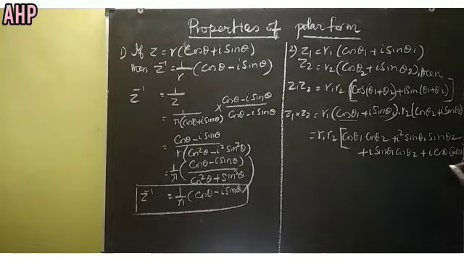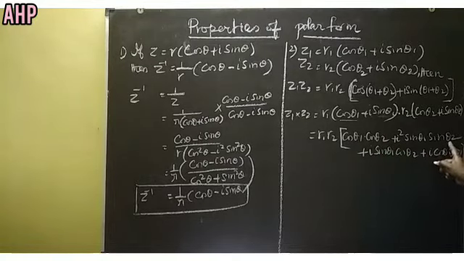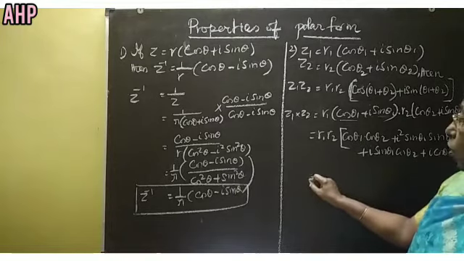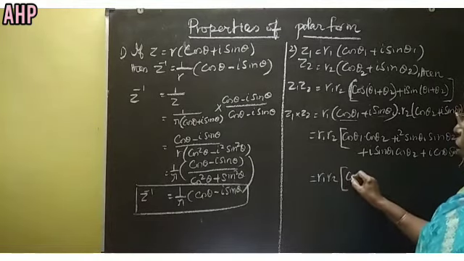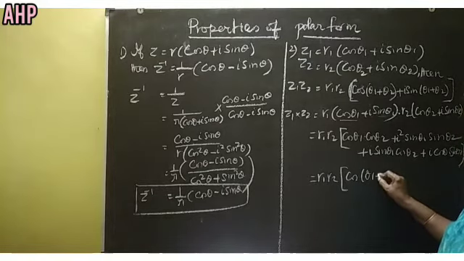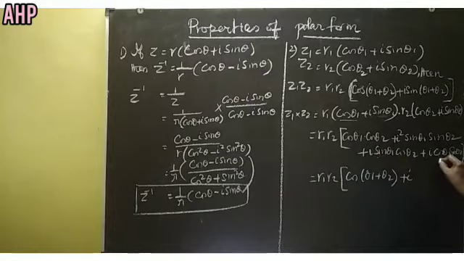Now this is of the form cos A cos B, and i square value is minus. So cos A cos B minus sin A sin B, that is equal to cos A plus B. So r1 r2 into cos theta 1 plus theta 2. Now plus i into, if we take i common outside between these two terms, sin A cos B plus cos A sin B, that is sin A plus B. So sin theta 1 plus theta 2.